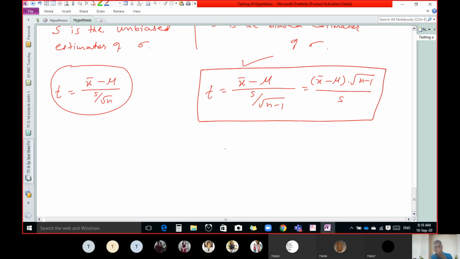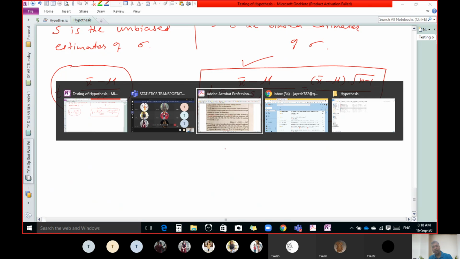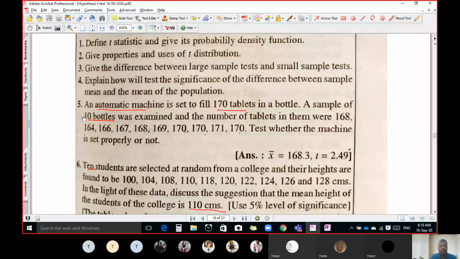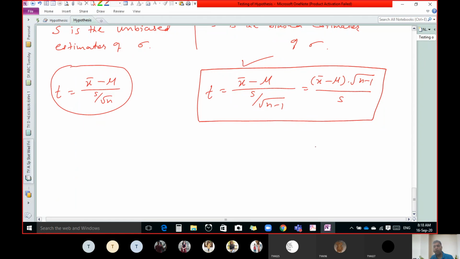So for question number 5, how to calculate this t? Just tell me how to calculate this t, 2.49. Our formula is x bar minus mu into root n minus 1 upon s, where s is the standard deviation. Once again, what is s here?